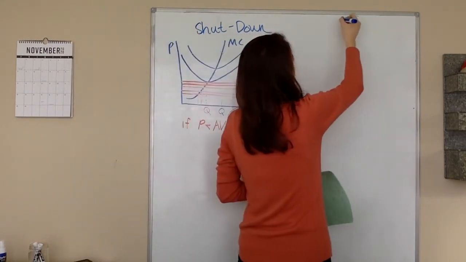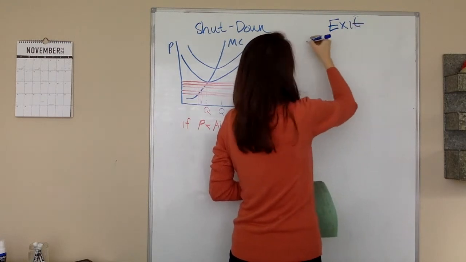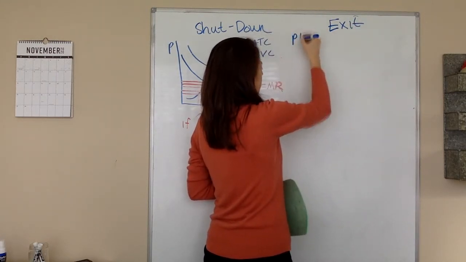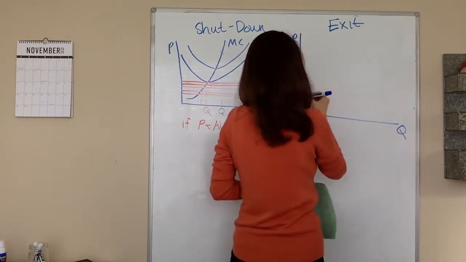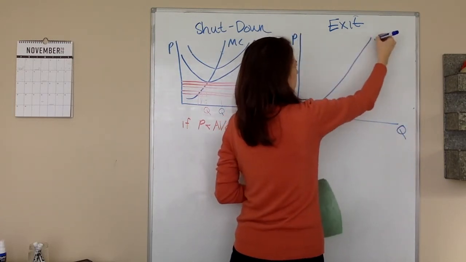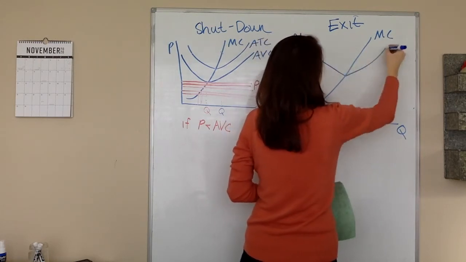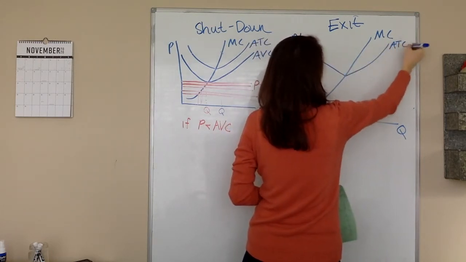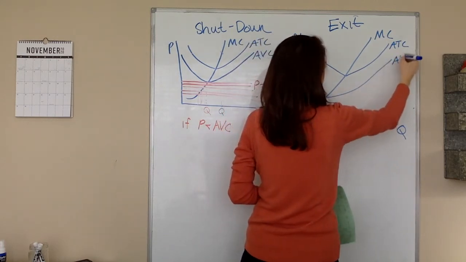Okay, now let's think about prices where the firm would want to exit the market. We're going to plot price against quantity. We're going to put in the blue components again: marginal cost, average total cost, and average variable cost.